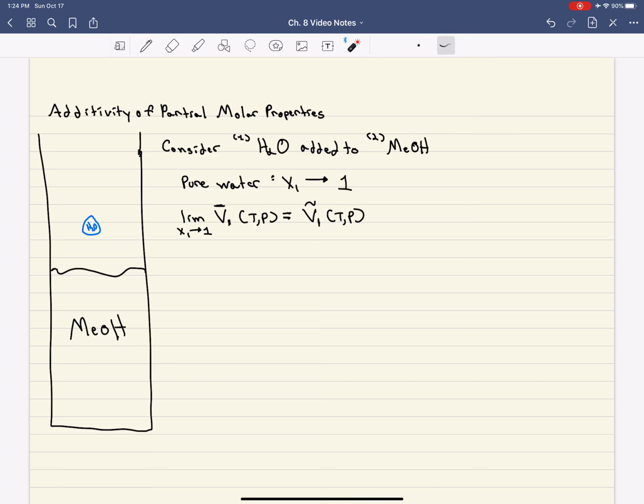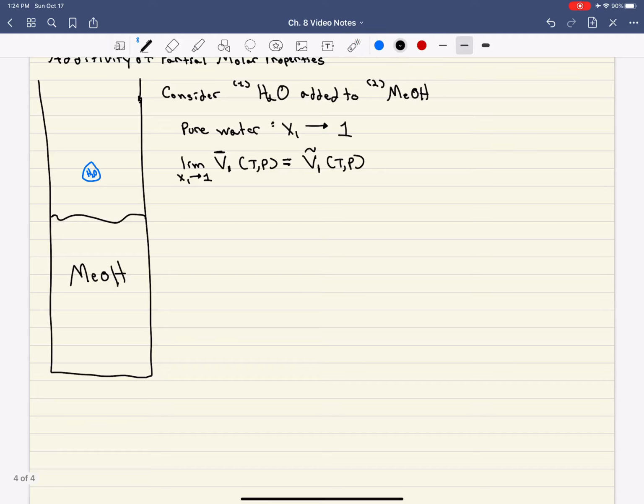So the partial molar quantity, or the effective molar volume of water added to the mixture when the solution is basically just water, should just be the same as the molar volume of pure water. Right? So that's what we would expect if we are dealing with pure water.